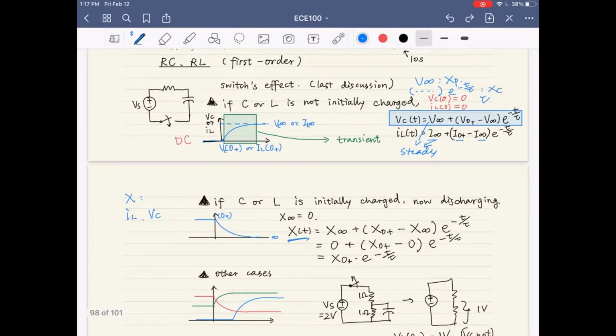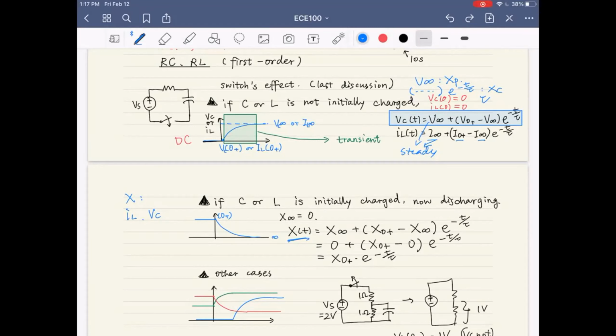Go ahead, you had a question just now. So what exactly are these two shortcut cases? Is it when it's a series circuit only, like RL or RC, where it's just the R in series with the capacitor or the inductor? Is that what the shortcut case is? Great question.